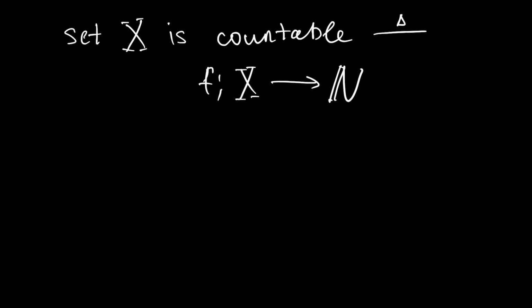In other words, we have a one-to-one correspondence between elements of the set X and the set of natural numbers. Or in other words, we can count elements of X.